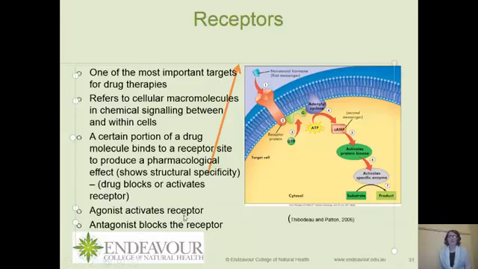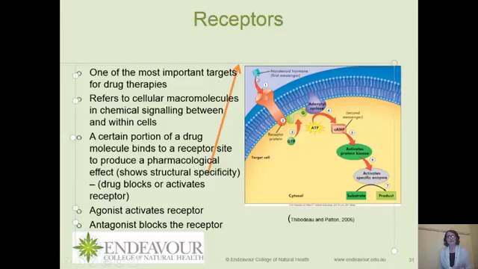Here we've used as our example a substance that binds to a receptor that's in the cell membrane. It's a non-steroidal hormone. Just say a growth hormone, insulin.